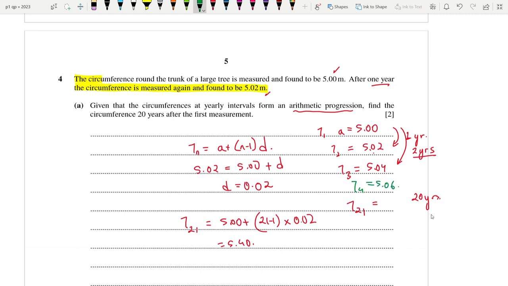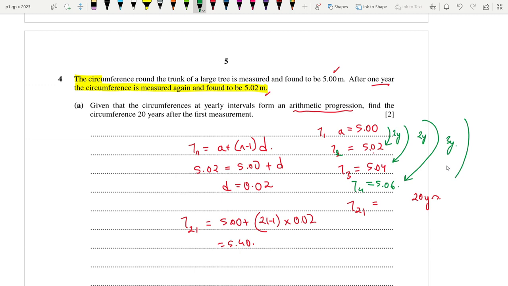If you think about it carefully, 1 year after the first measurement, we get T2. 2 years after, we get T3. 3 years after, we get T4.